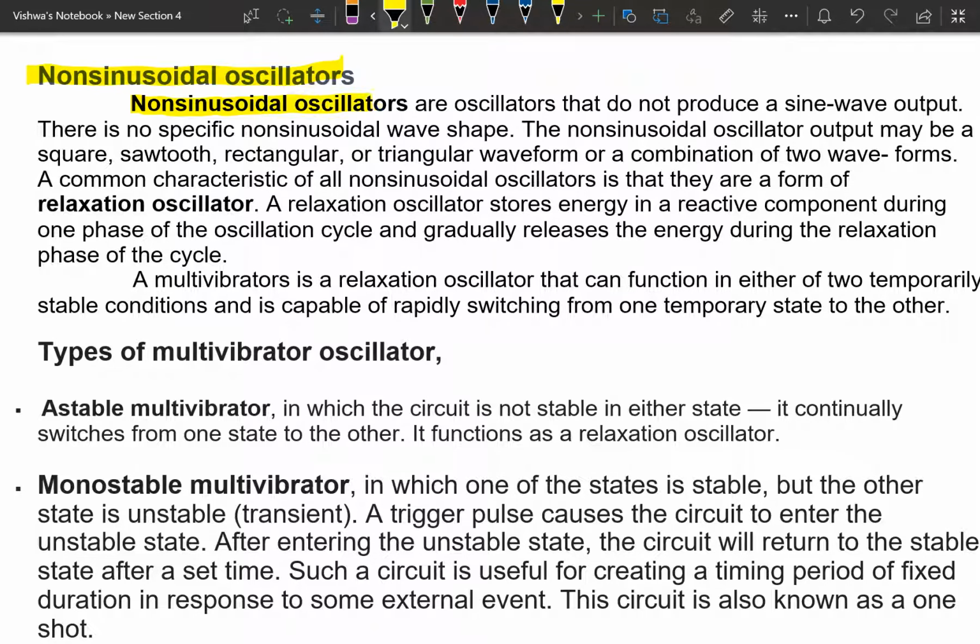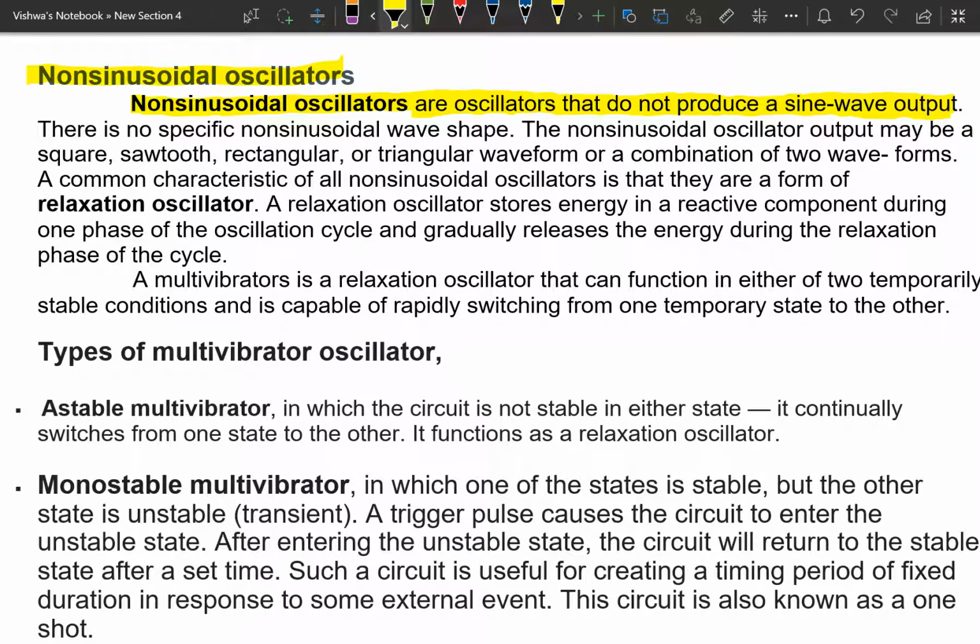Non-sinusoidal oscillators are oscillators that do not produce a sine wave output. The word itself says it is non-sinusoidal, meaning except sine waveforms. That's why non-sinusoidal oscillators are oscillators that do not produce a sine wave output.